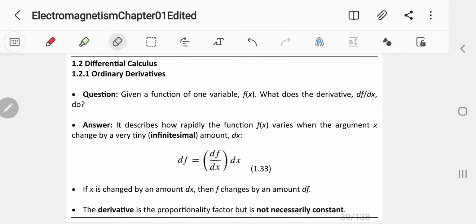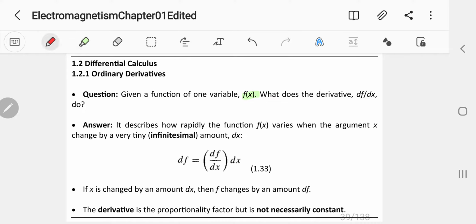Differential calculus is a tool that is used in electromagnetism, the study of electrodynamics. So we start with ordinary derivatives. If you have a function f of x, what does df over dx, the derivative of f with respect to x, mean?